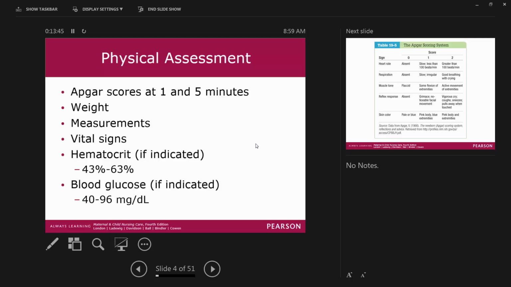So therefore, they're going to use up their blood sugar stores. Okay? All right. So blood sugar 40 is the low. 96 it says is the high. I've gotten babies who are 108 on their blood sugar. I don't care. Really, I don't care about high blood sugars. Okay? I just want them above 40.